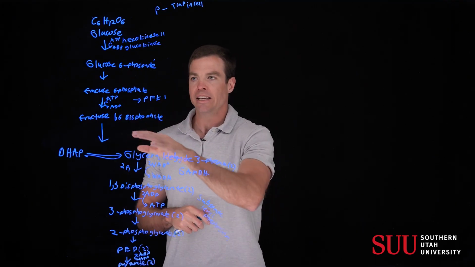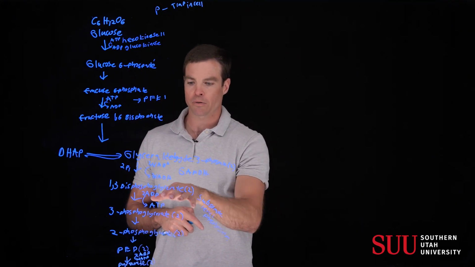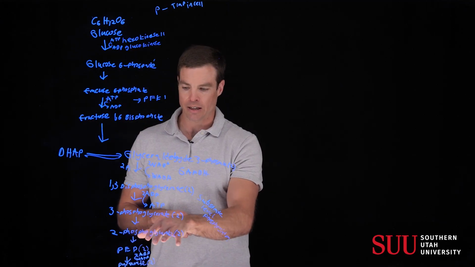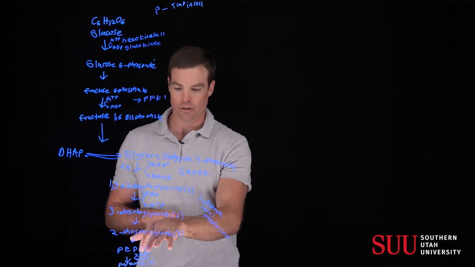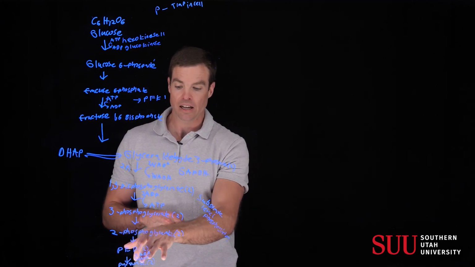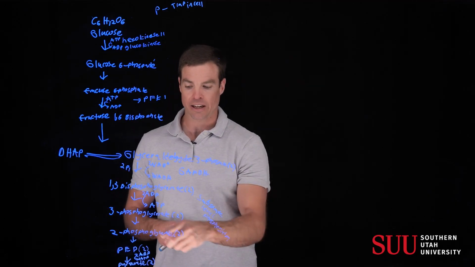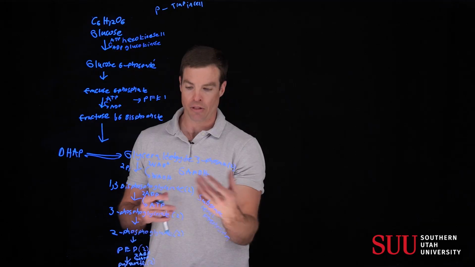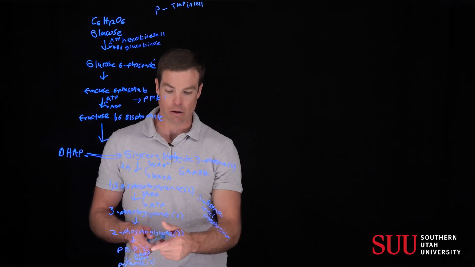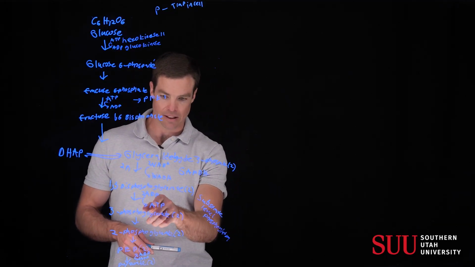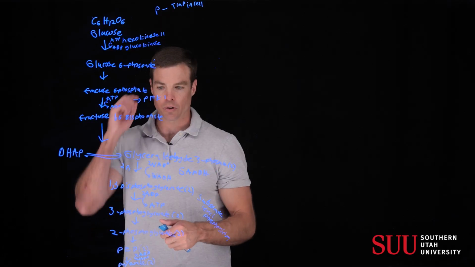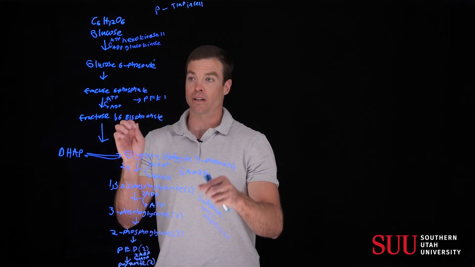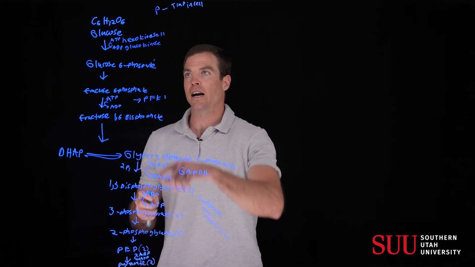In the same way, these molecules here, 1,3-bisphosphoglycerate and phosphoenolpyruvate, are high energy molecules, so they can donate a phosphate to the ADP molecules. And there's an enzyme that does that, like this one right here, pyruvate kinase, and you don't need to really know those for this. I just want you to understand some of the key regulatory steps.